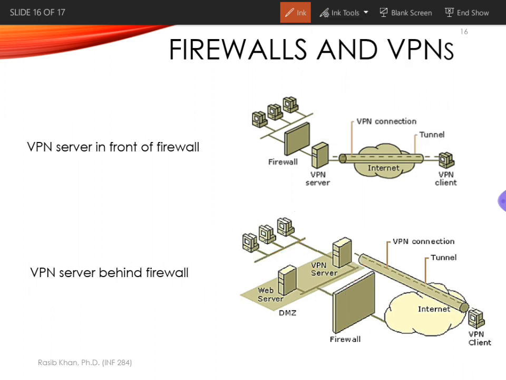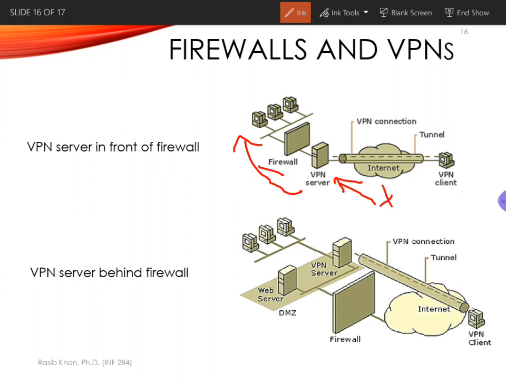So both of these versions are used in different setups. It just depends how you define the rules. In the first case, where the VPN server is in front of the firewall, only the VPN server is allowed to have incoming connections into the private network, and nothing else coming in from the outside network will be allowed, right?